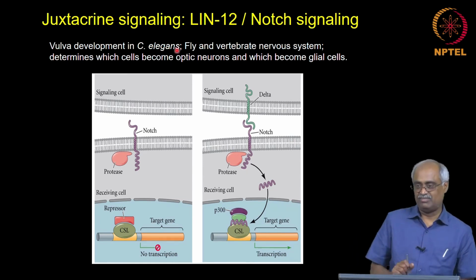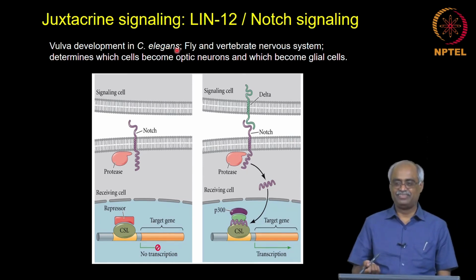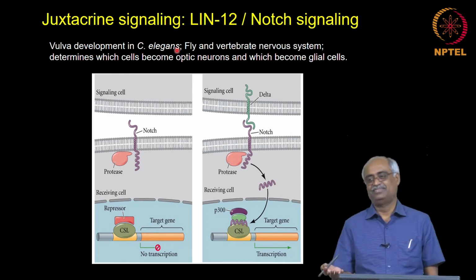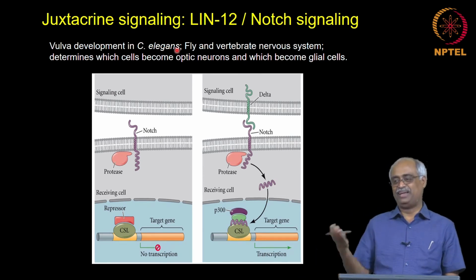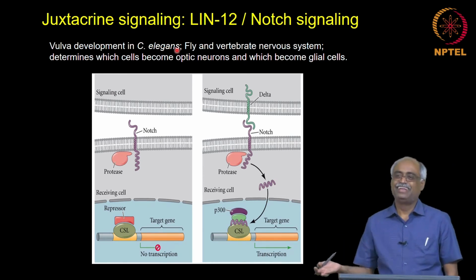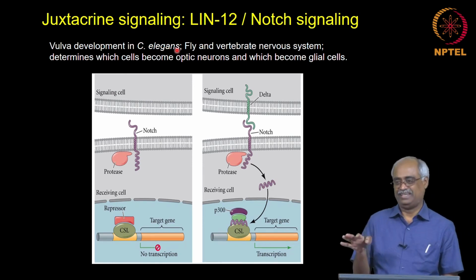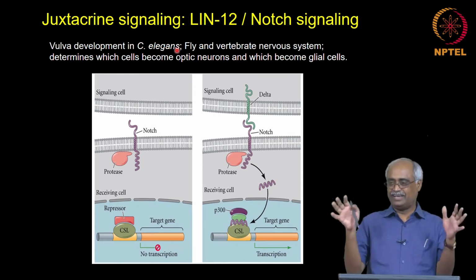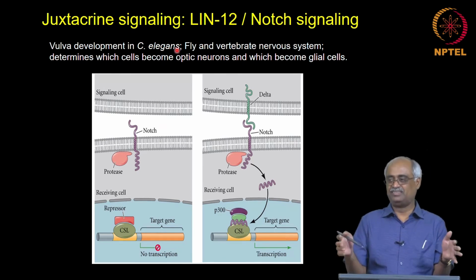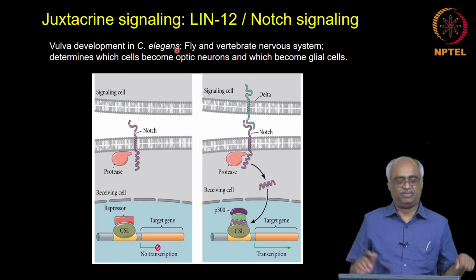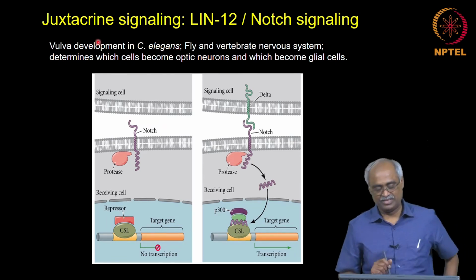What does LIN-12 do in vulval development? When the primary fate cell wants to suppress primary fate on the two adjacent cells, that is lateral signaling to make the secondary fate. Lateral signaling is a generic description of that class. In that context it is to induce the secondary fate.